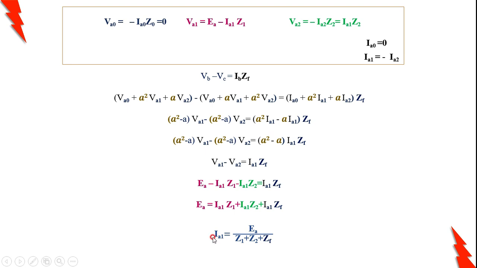IA0 is 0. Then you can calculate the fault current, that is IB, or minus IC. That we'll look into here. The fault current IB is expressed as IA0 plus A square IA1 plus A IA2. IA0 is 0 already.